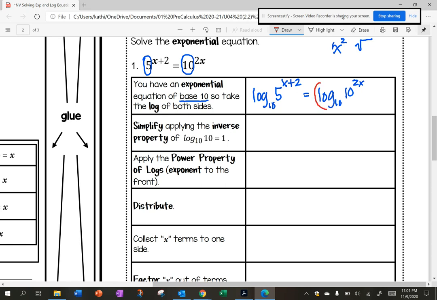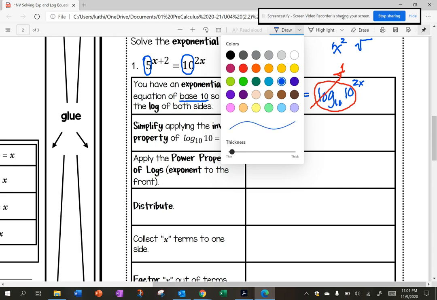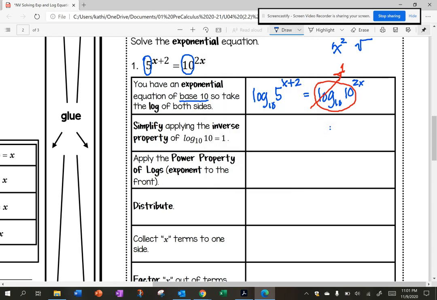When I have the log base 10 of 10 to the 2x, this literally becomes 2x because the exponential and the log undo each other. So I'm left with log base 10 of 5 to the x plus 2 equals 2x.